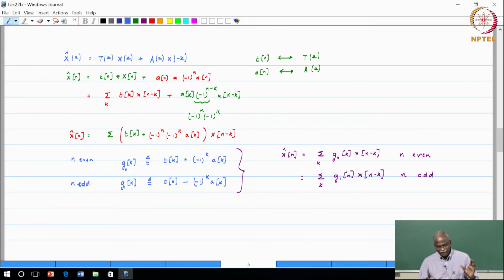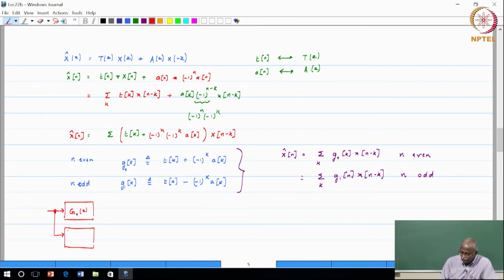I am very glad you brought it up, because for n even we have to look at the impulse response being g naught of n, and for n odd we have to look at another impulse response, and so the representation comes out to be the following. I have two filters, g naught of z, which corresponds to the transfer function of g naught of n, and a second filter g1 of z, which corresponds to the g1 of n impulse response, both producing the output.